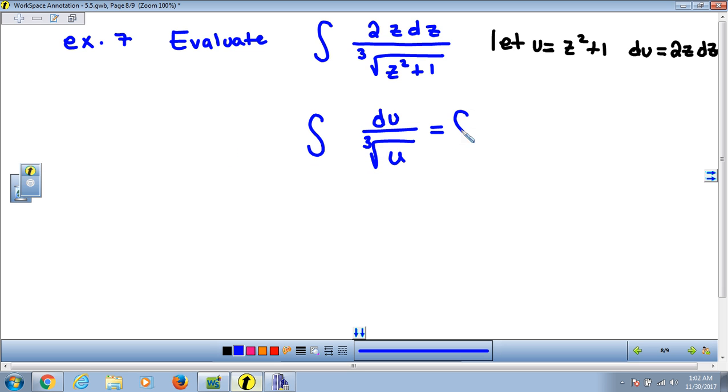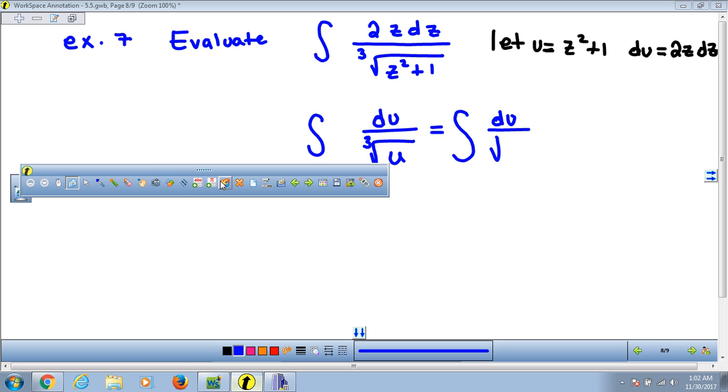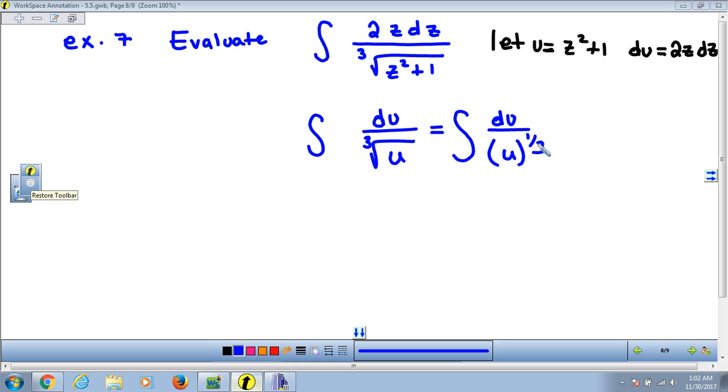So this can be rewritten as du over, not the cube root, but let's rewrite this as a rational exponent, where you write it as u raised to the 1 over 3. The 1 is right here, the 3 is the one outside. This could be rewritten one more time: what if I send this u to the 1/3 to the top of the fraction, to the numerator?